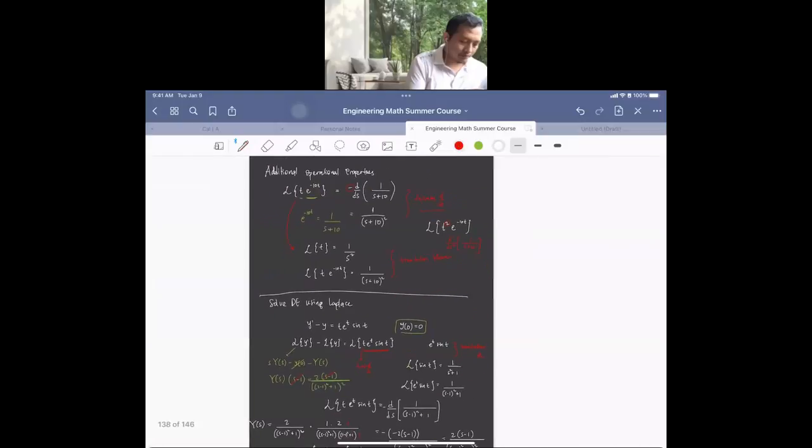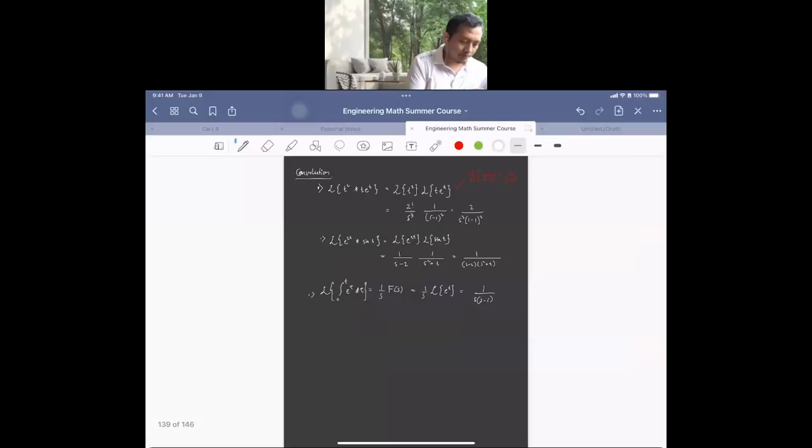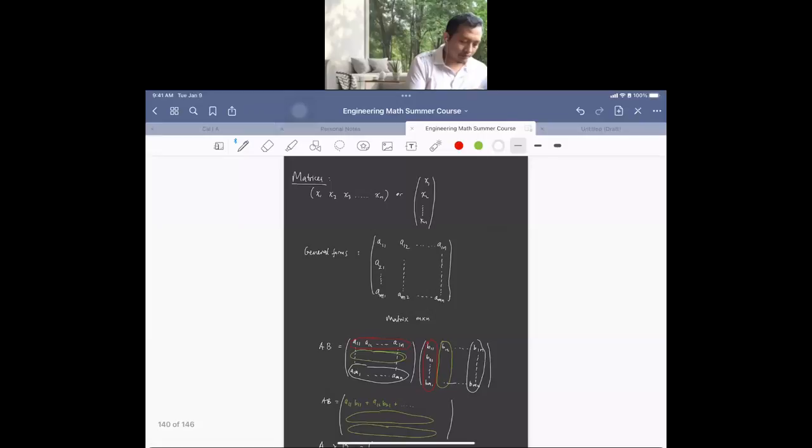Okay, I think that's just a small review on the additional operational properties, how to solve differential equations using Laplace, and also the convolution. Next, we will go a little bit on matrix, and then we will have a review.